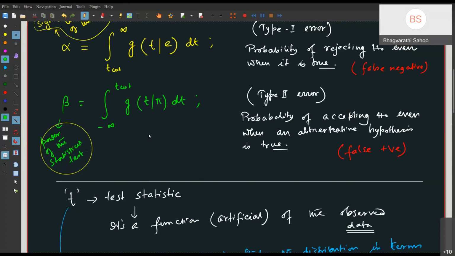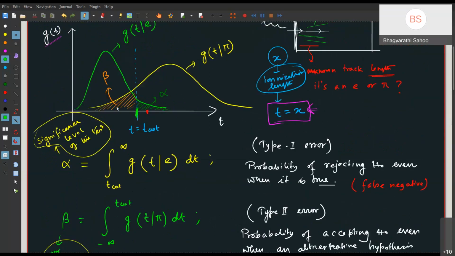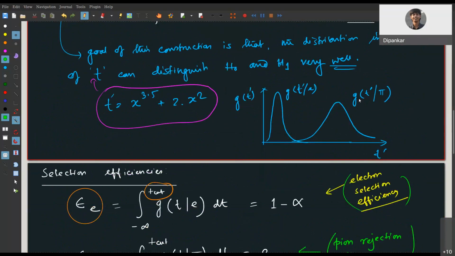In another situation it may be different, but in this example it is the same. So it can be a weird looking function, and we have to decide how t will be a function of x. This is the optimization technique.